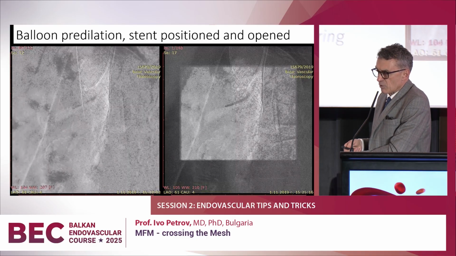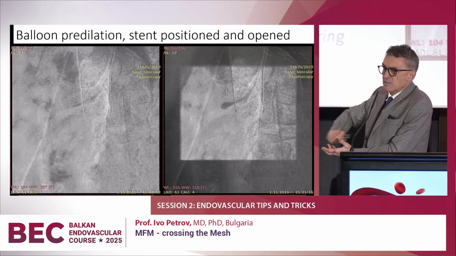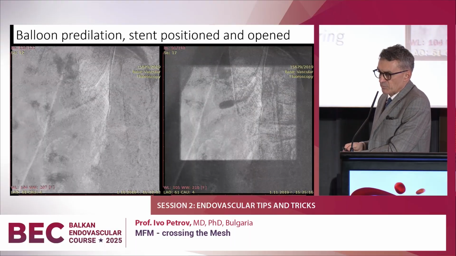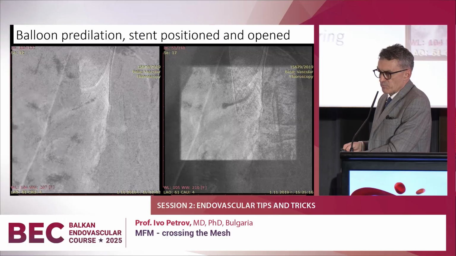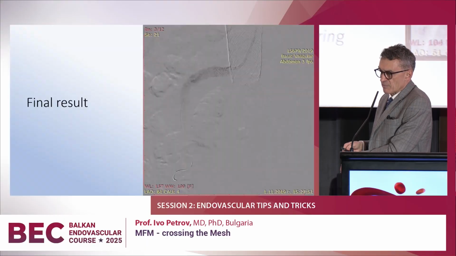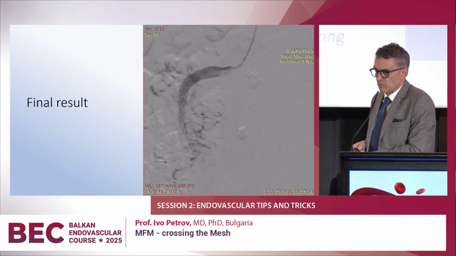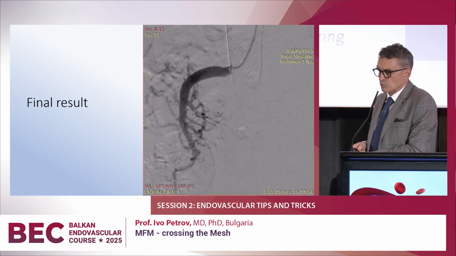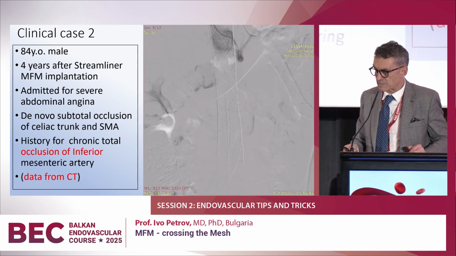And as I already described, this was the step-by-step anchoring of the catheter before implanting the stent. You see, this is the stent positioned and opened after crossing the mesh with the catheter, and this is the final result. You see full restoration of the flow and full elimination of the osteostenosis.